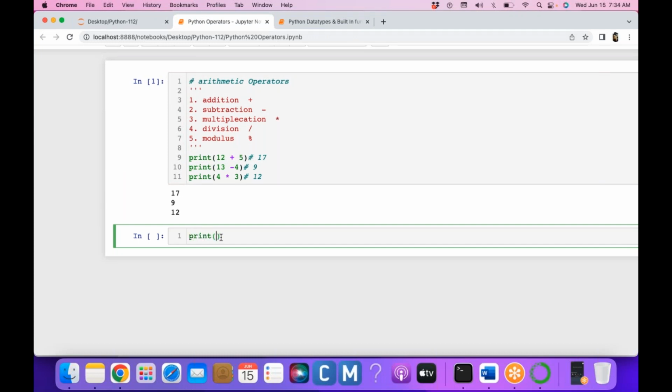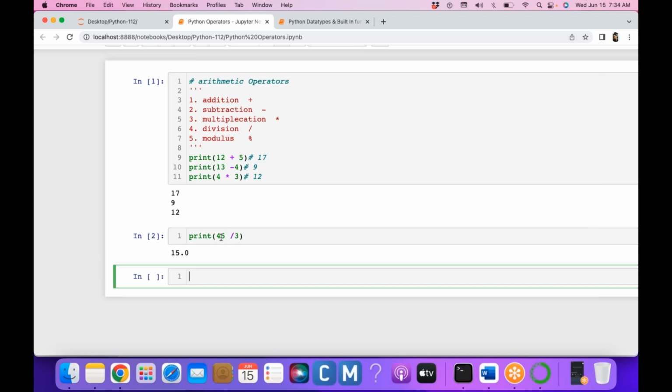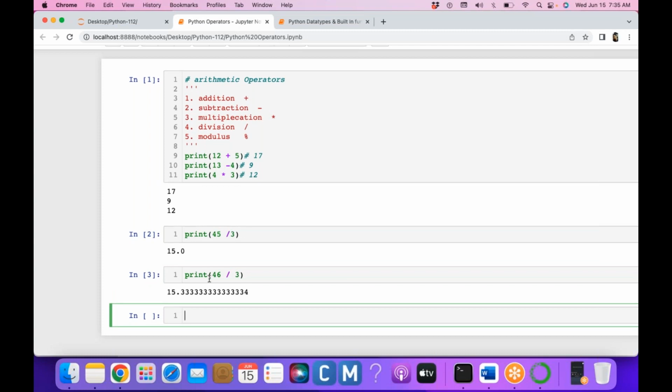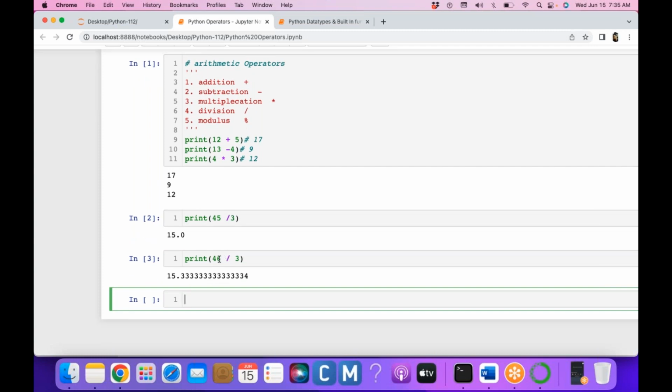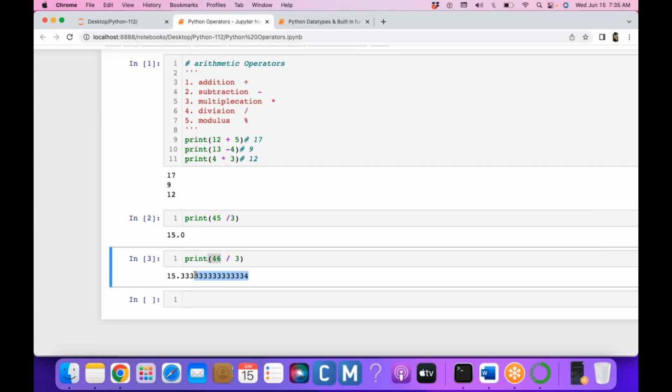For example, you have the number 45 and you divide it by 3, what is the result? It is 15, right? The quotient for 46 by 3 is 15.33333.